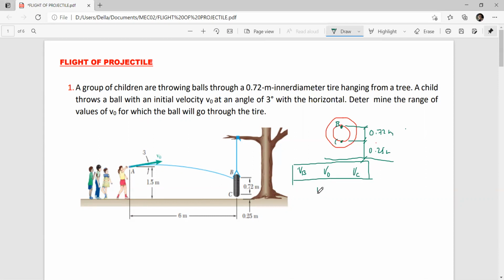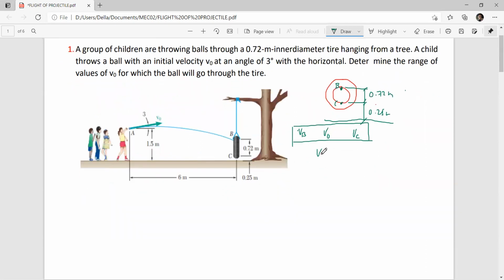So first, establish the components of velocity along the x and y axes. Along the x-axis, this is velocity initial sine 3 degrees, equivalent to 0.052 velocity initial, and along the y-axis is velocity initial cosine 3 degrees. And this is 0.99 velocity initial, or 1 multiplied by velocity.